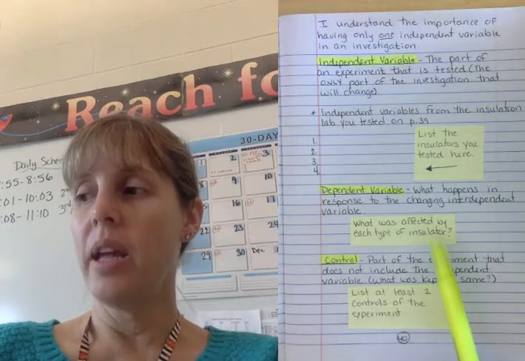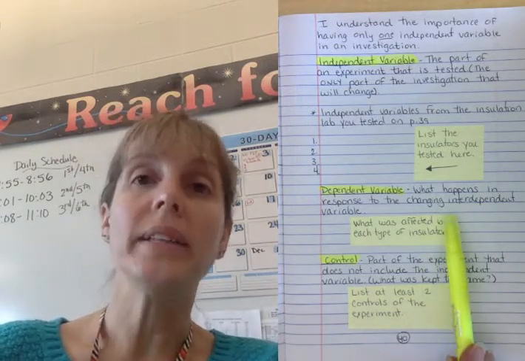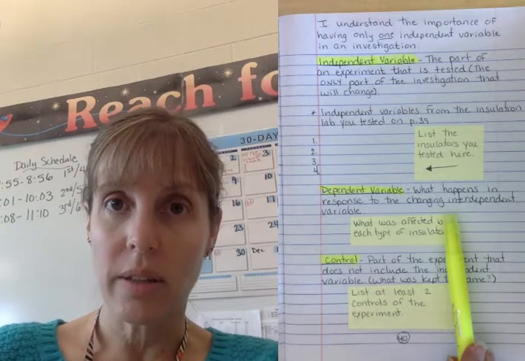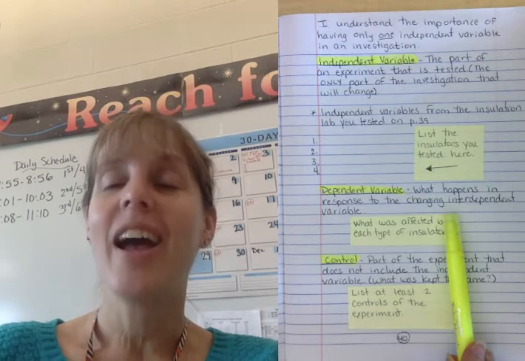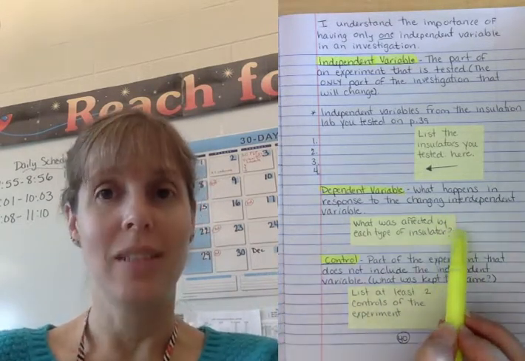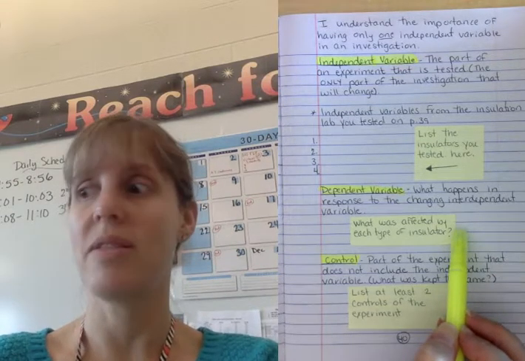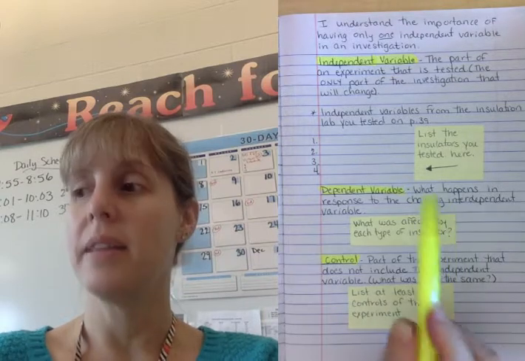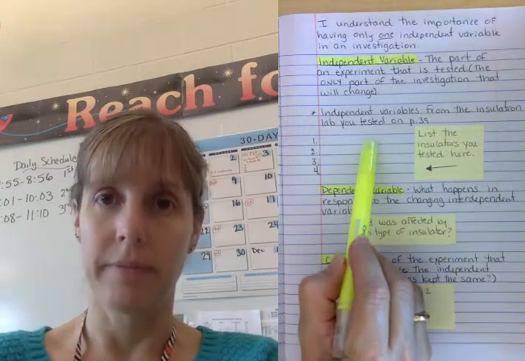So, in response to the changing of the insulator, what changed? Raise your hand. Tell me if you think you know. If you said it was the temperature and how fast the temperature changed, you were correct because that was the dependent variable. The temperature depended on the insulator, right?